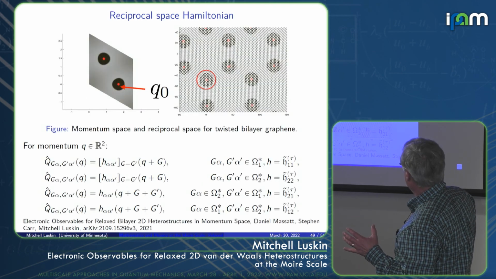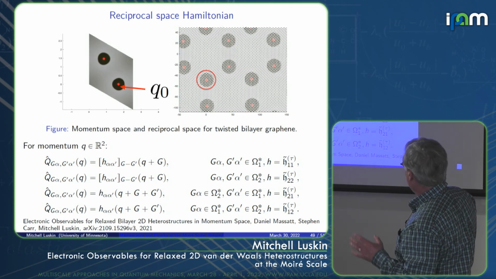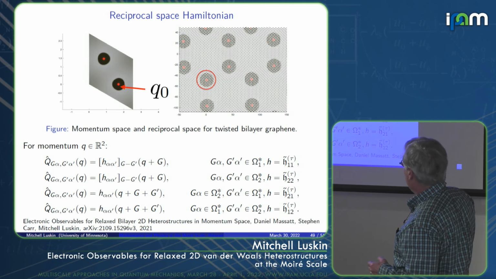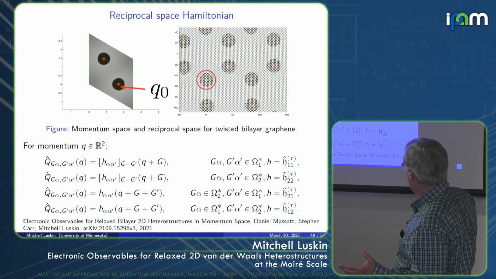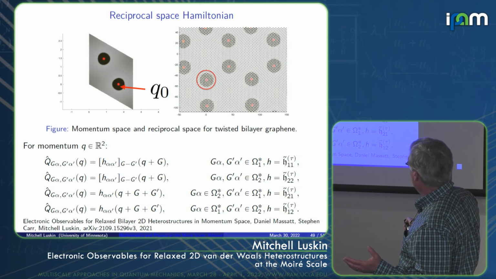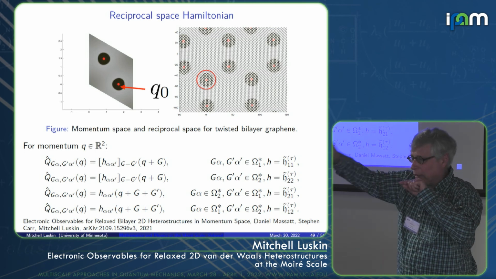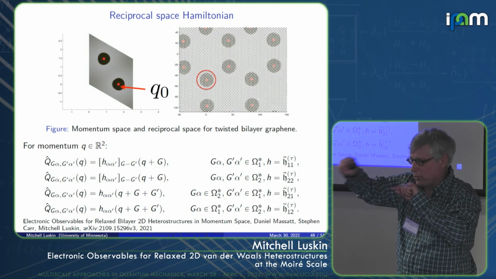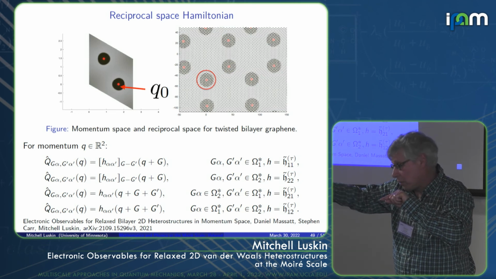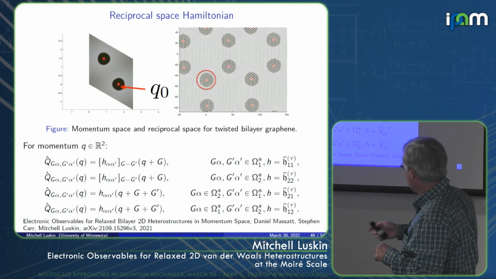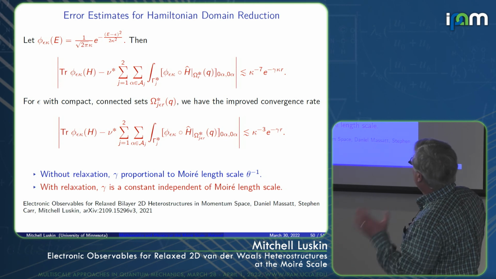For each Q, you generate your matrix in terms of the G's, and the G's are cut off by staying in this dark region. Then you have a cutoff in terms of the hopping length. The simplest is just nearest neighbor hopping in momentum space, or you can go next nearest neighbor, et cetera. So there are 2 parameters.